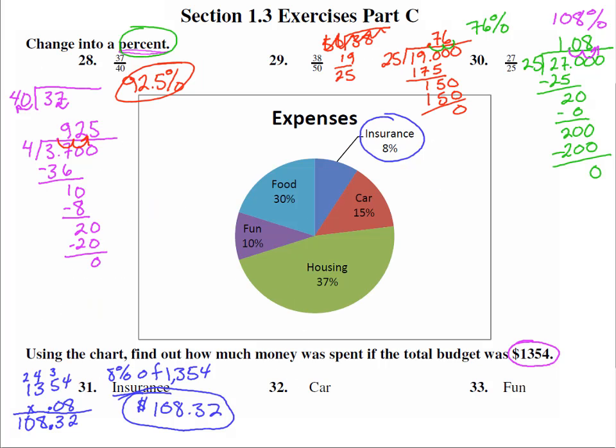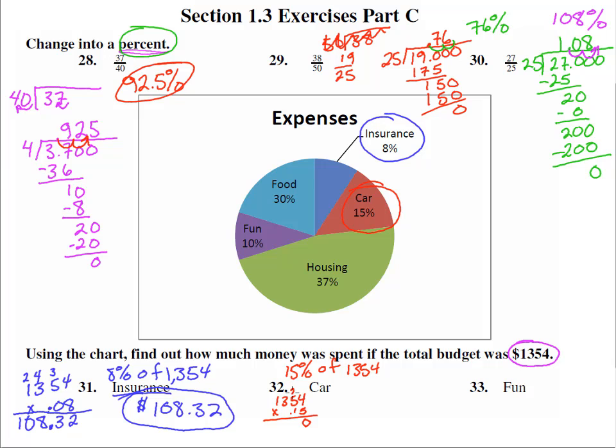Now, if we're going to do the car, find the car up here, and oh, there it is right there, 15%. So we've got to go 15% of the whole budget, 1354. So we take 1354 times 0.15. 5 times 4 is 20.